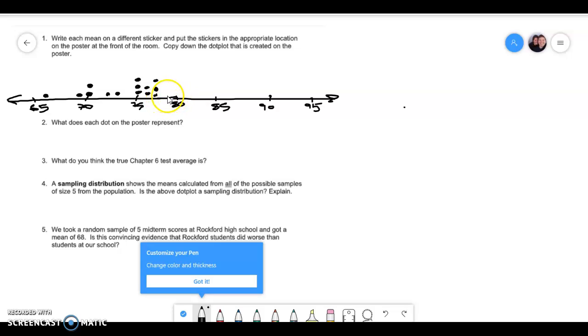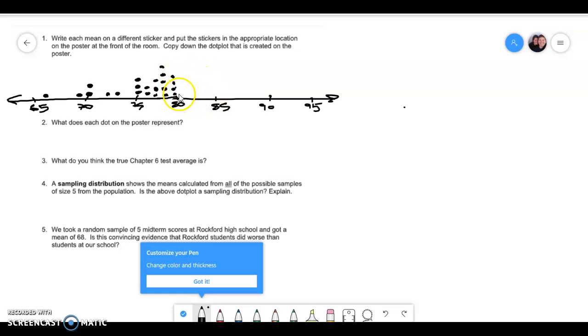Okay. We had 5 79s: 1, 2, 3, 4, 5. Okay, we had 4 80s: 1, 2, 3, 4.